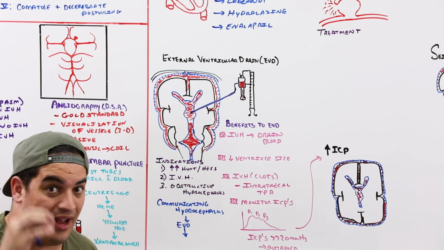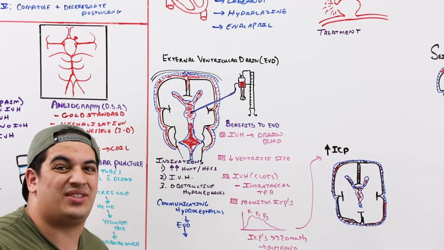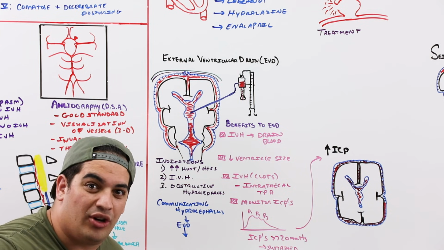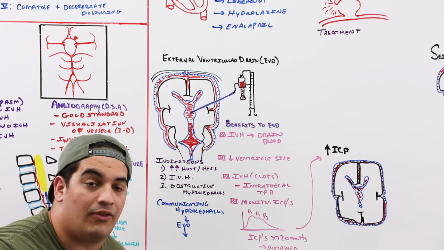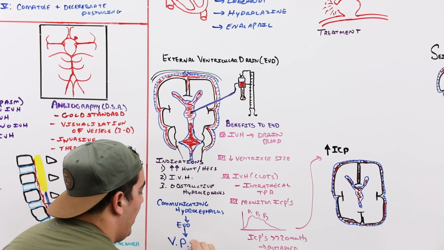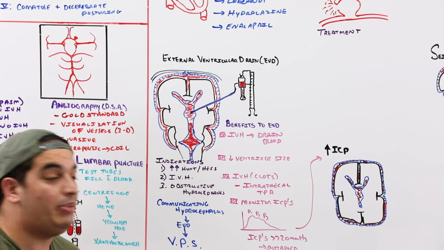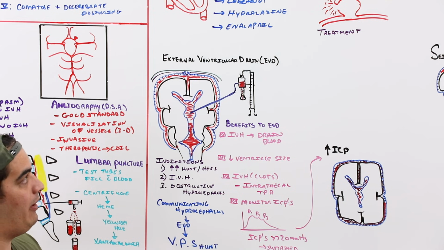You may need a long-term shunt from the ventricles to the peritoneum, because it's taking so long from those arachnoid granulations, or they're destroyed in some way, from trying to drain that blood from the subarachnoid space. Sometimes they may need what's called a ventricular peritoneal shunt, or a VP shunt, okay? So that's something to think about as well.